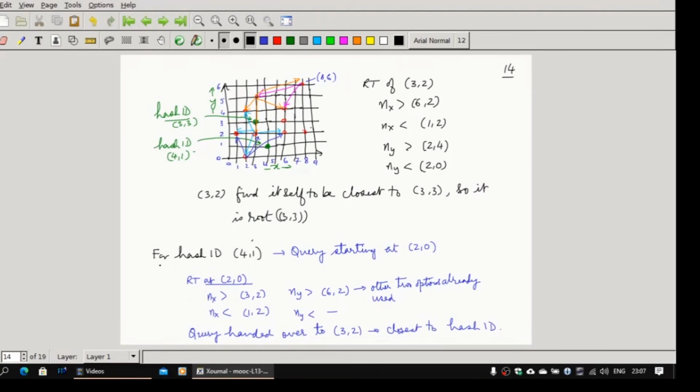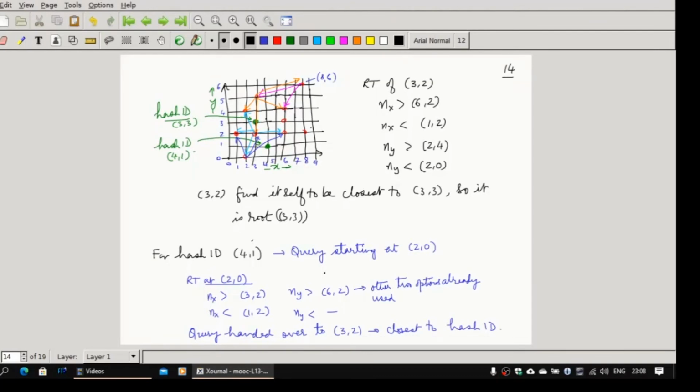We can look at another example where the hash ID 4,1 is chosen and the query starts at 2,0. The same thing I am repeating, but now with a different metric. What is going to happen with the routing table at 2,0? If I am choosing nx greater, then 3,2 will be the closest node. For nx less, 1,2 will be the closest node.